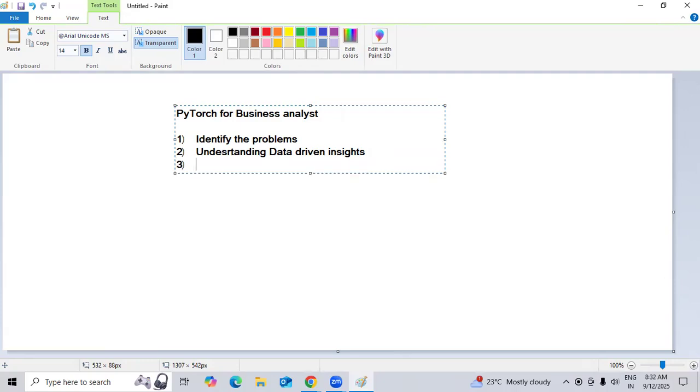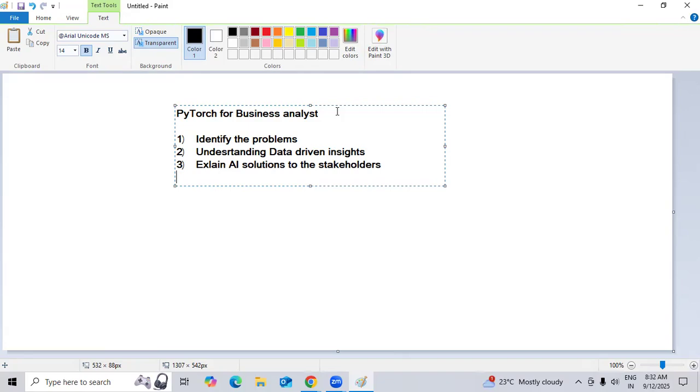Third, as a business analyst, we can explain AI solutions to the stakeholders. When we see PyTorch, whatever AI models we want to take, if there is any decision to be taken that is business-friendly, as a BA we can act as a translator between the technical teams building with PyTorch and the business teams.